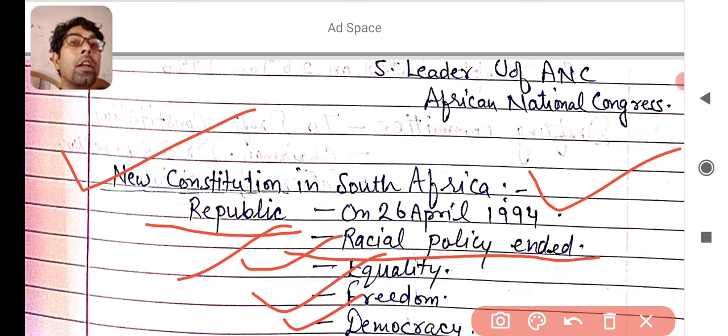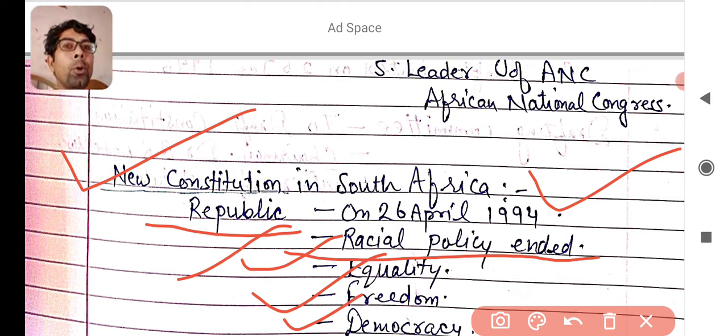I hope you learned the major point of today, why do we need constitution. We learned that there was apartheid policy in South Africa. Nelson Mandela fought against it, and it came to an end. While making the new constitution for Africa, everything is written in that constitution: there will be no apartheid policy, there will be equality, freedom and democracy.